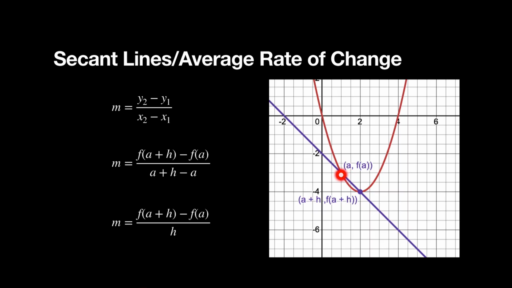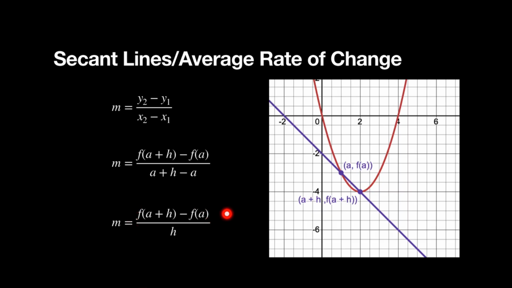If we say that the first point is a comma f of a, and the second point is h units over, that would be a plus h, comma f of a plus h, then my slope formula becomes change in y, f of a plus h minus f of a, divided by change in x, a plus h minus a. We can cancel those a's out, and this simplifies down to f of a plus h minus f of a divided by h.